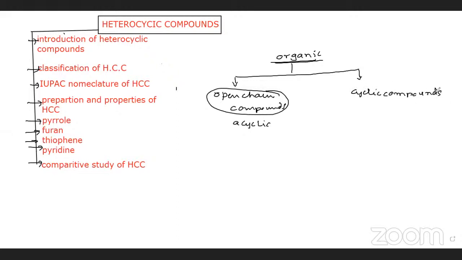Okay, can you see? Yes, sir. So open chain compounds are acyclic compounds. What are acyclic compounds? For example, I will explain using a C6 compound. Six carbon atoms: 1, 2, 3, 4, 5, and 6.